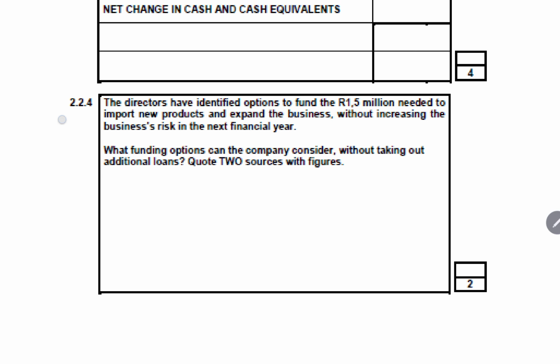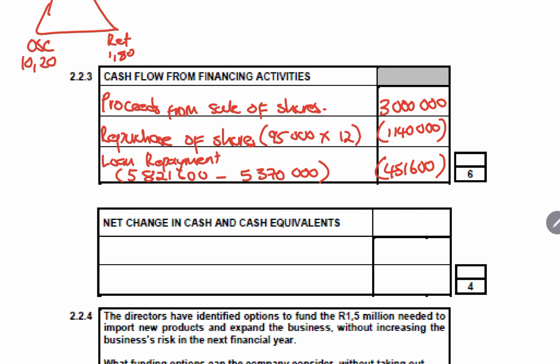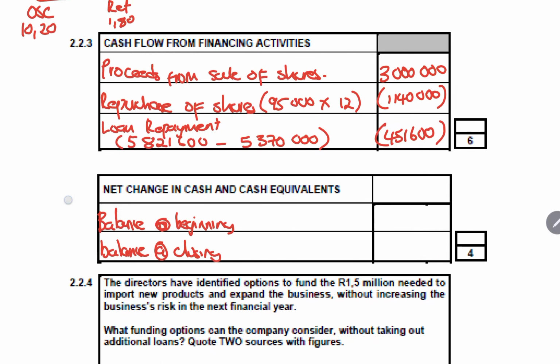Next you can answer net change. Remember, in terms of your net change, you need your balance at the beginning, and also your balance at closing. Then you check what information you have here.